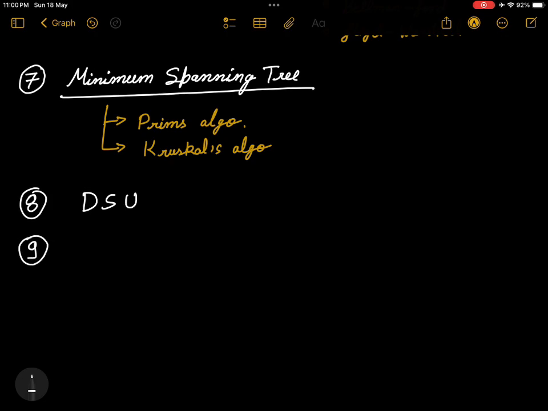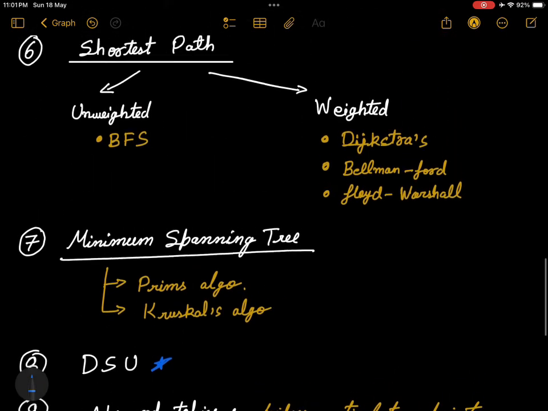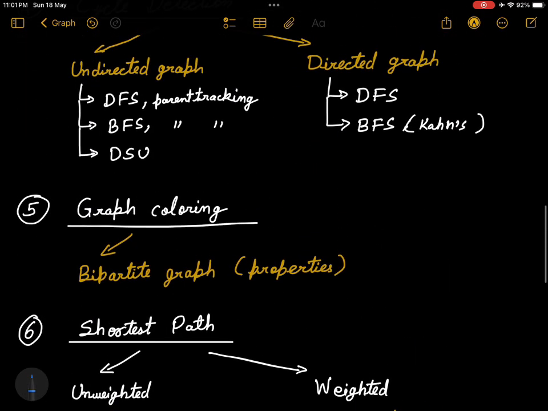It's a very important data structure. Okay, and later on we will study some other advanced topics like bridges or articulation points, etc. DSU is important. And we will see later on what else, if there are some topics left. But that's all the overview.